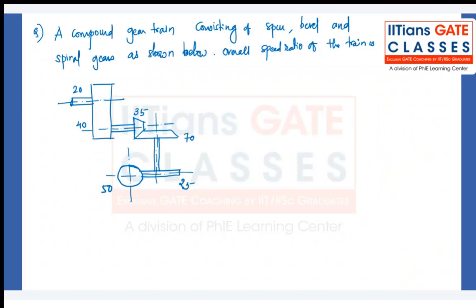A little bit tricky problem. So we have this arrangement, a compound gear, and they have clearly mentioned it's a compound gear train. When they say it's a compound gear train, it is not just the initial gear and the last gear. All the intermediate gears also will have an influence on the speed ratio.